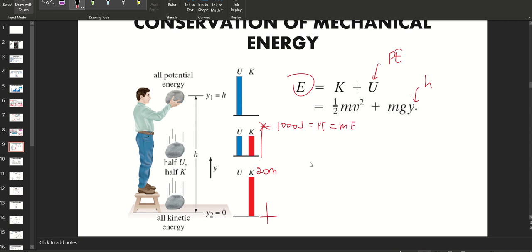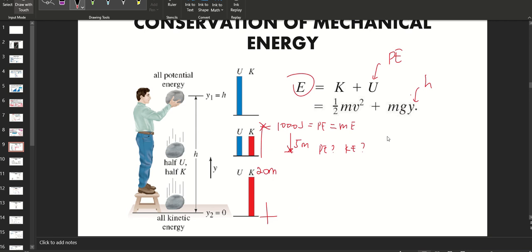Okay? So, let's say na bumaba yung object ng 5 meters. At this point, what is PE and what is KE? You have any idea?